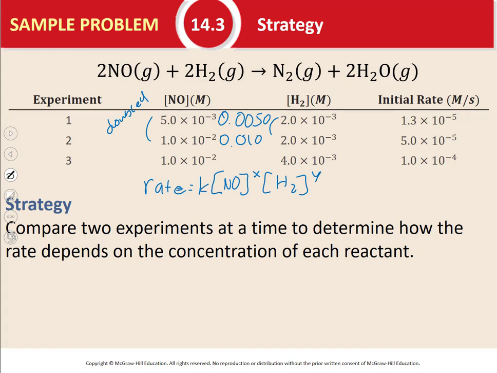Looking at our rates, what happened when we doubled it? If you're not sure, because that doesn't look like it just doubled, let's take the second number and divide it by the first number. So 5.0 times 10 to the negative 5th divided by 1.3 times 10 to the negative 5th.